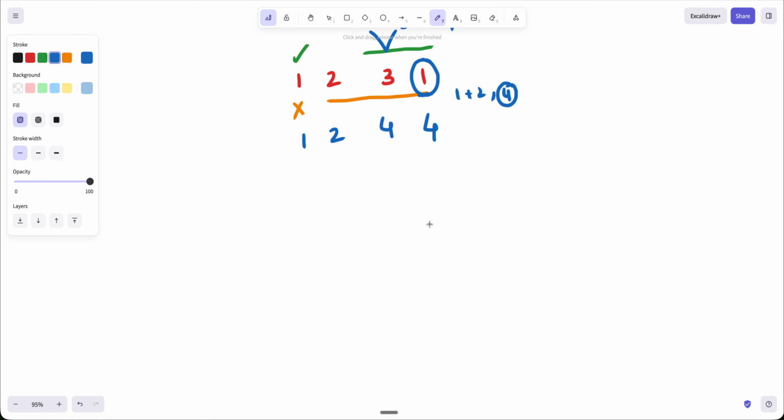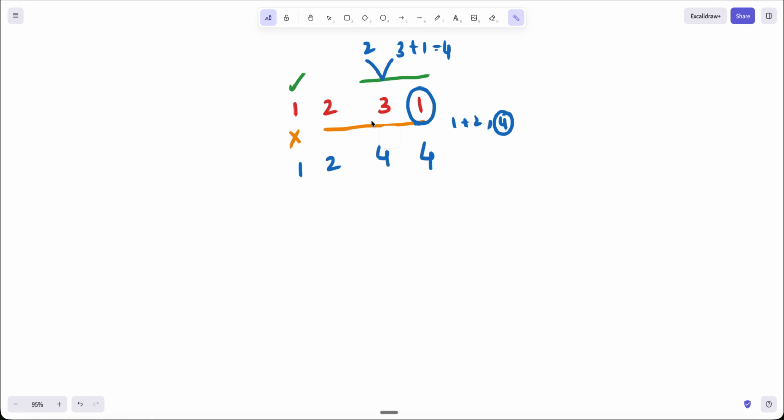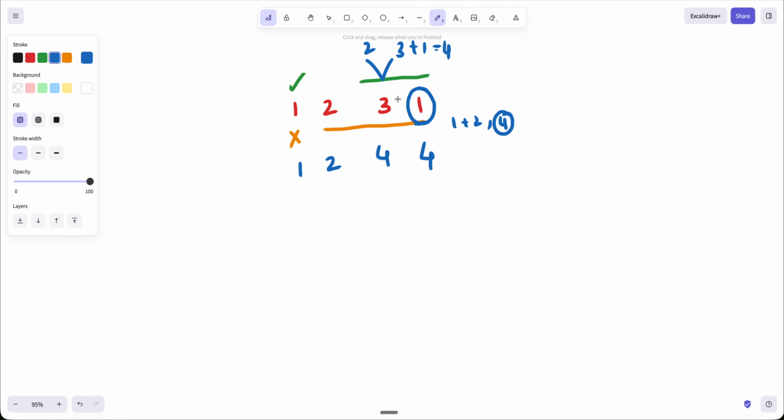So if you take at the ith position, I am going to include my nums of i. And what am I going to do? I am going to take the answer wherever I am storing it. Let's consider I am storing my answer in DP.